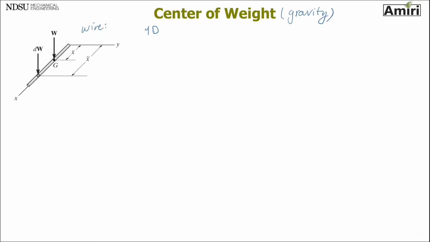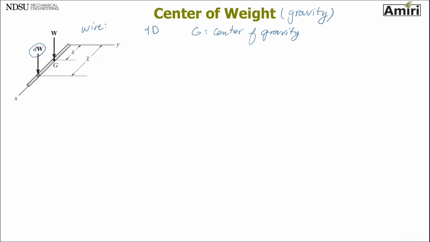I'm going to take a differential amount of weight, and the total summation of all those weights is W, and is applied at G, or center of gravity. This wire is considered like a rigid body. It consists of an infinite number of particles, so the weight of each particle is that differential amount dW.